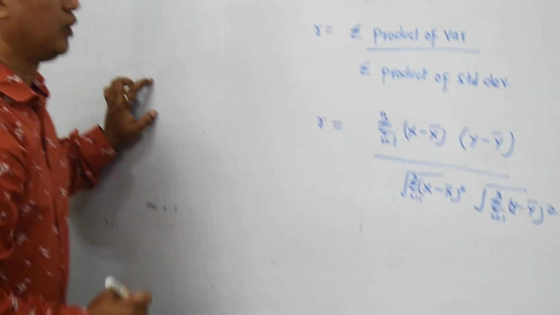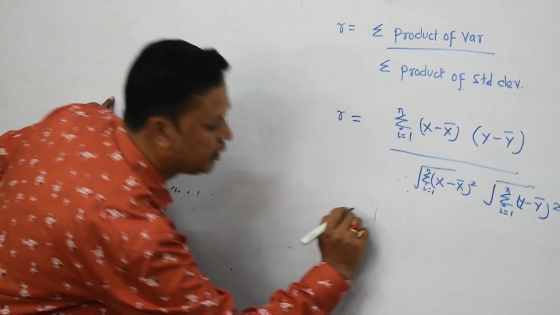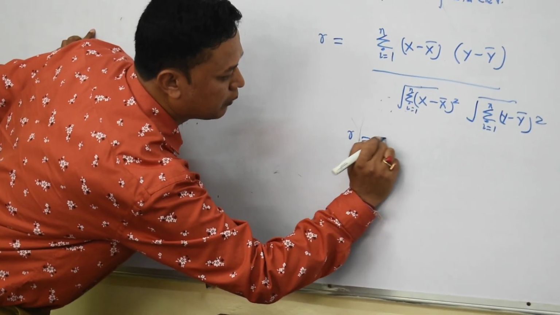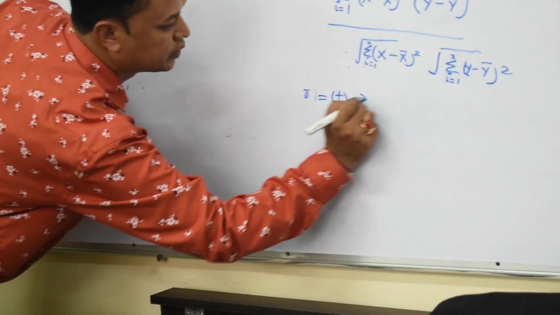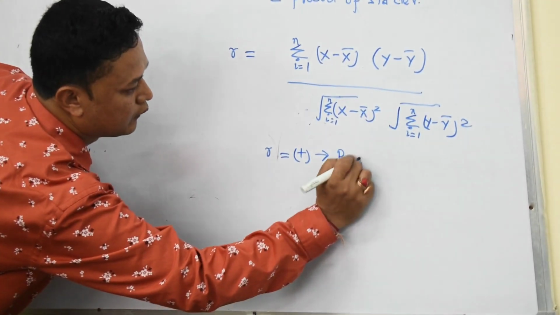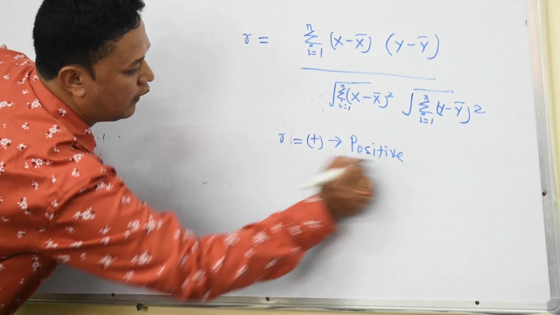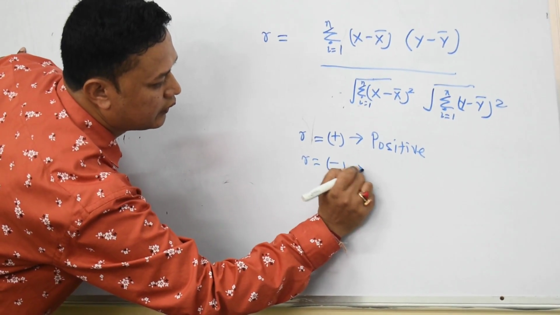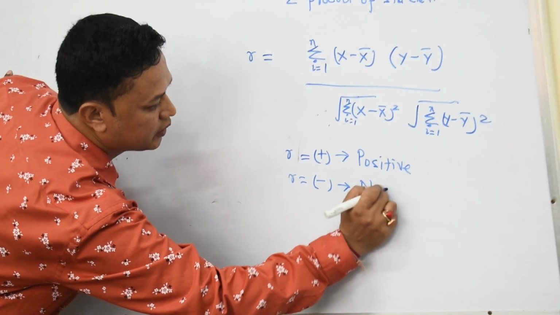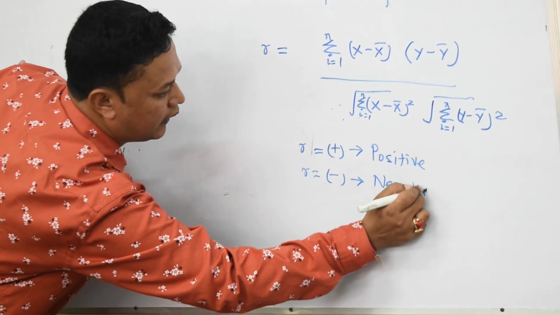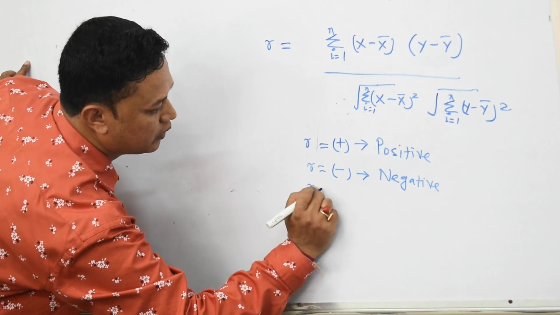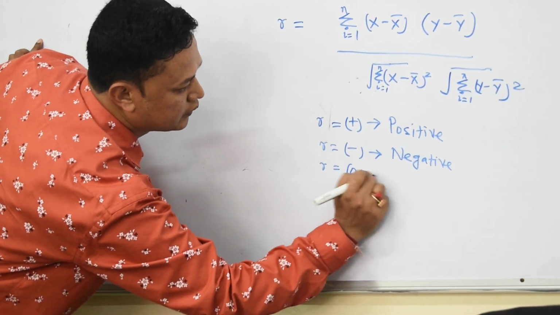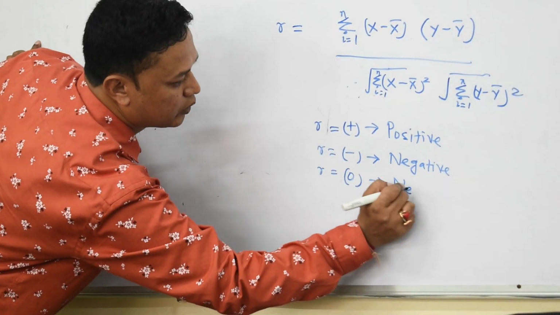So this is the formula, and there are three possibilities. R is plus, that means positive correlation. R is negative, then we have negative correlation. And R can be zero at times. This is called neutral correlation.